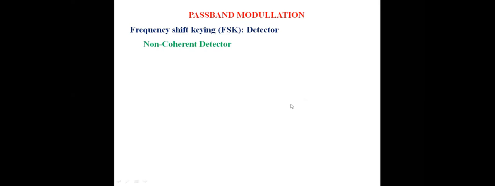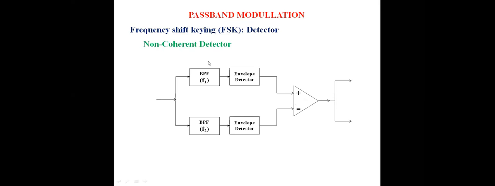Let me show the diagram. So we are using 2 channels. This is one channel of non-coherent detector, and this is another channel. Each channel has a band pass filter followed by an envelope detector. Then what is the difference between these two? The frequency to which the band pass filters are tuned.